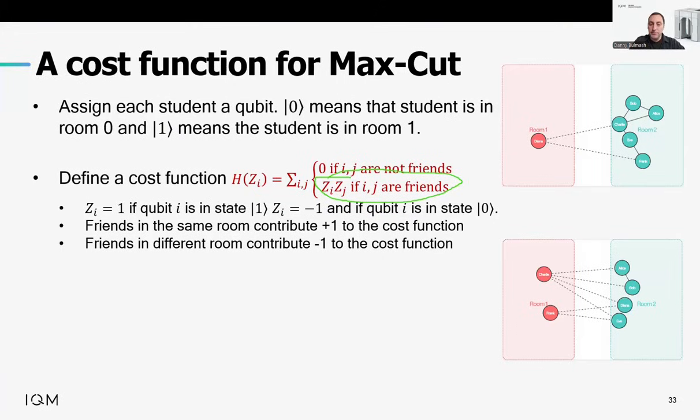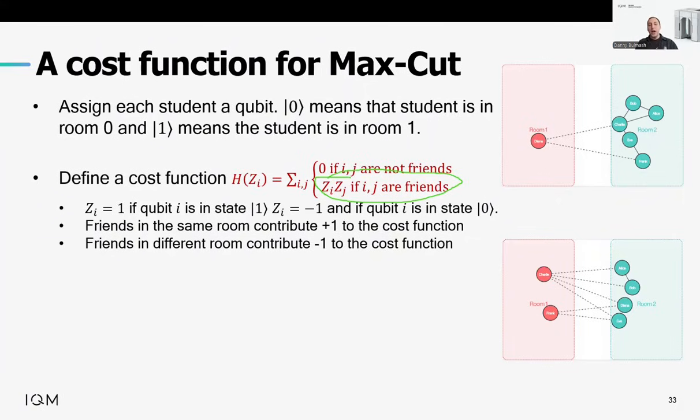If the students are in opposite rooms, one of them has a Z of +1, and one of them has a Z of -1. So if they're in different rooms, the product is -1, and the cost function gets a -1. So friends in the same room give us a cost of +1. Friends in different rooms give us -1.